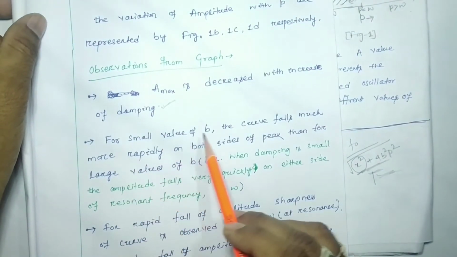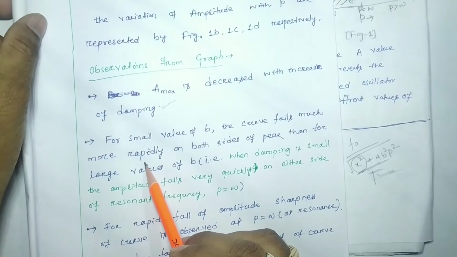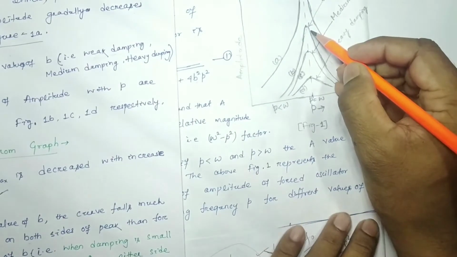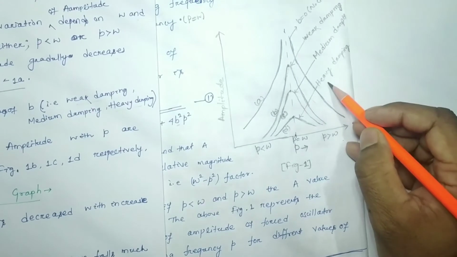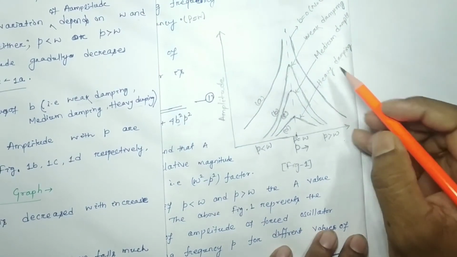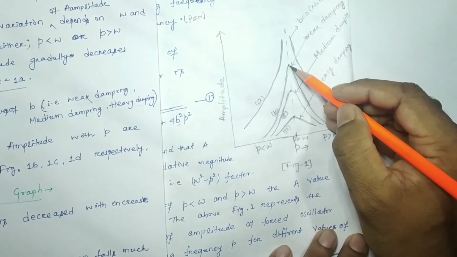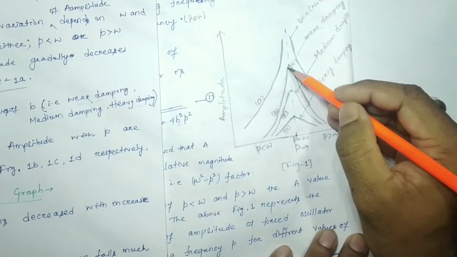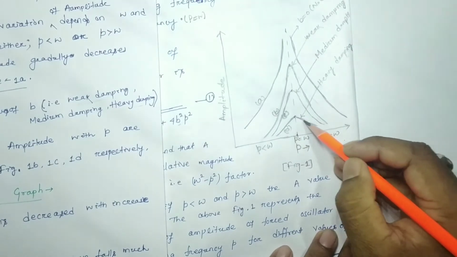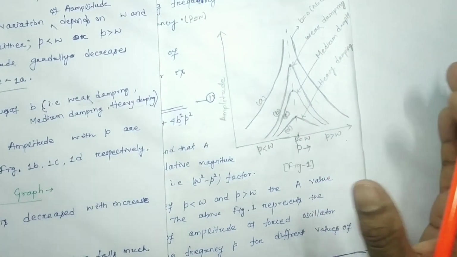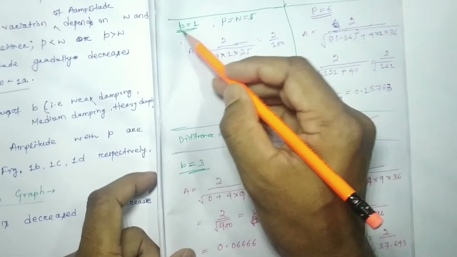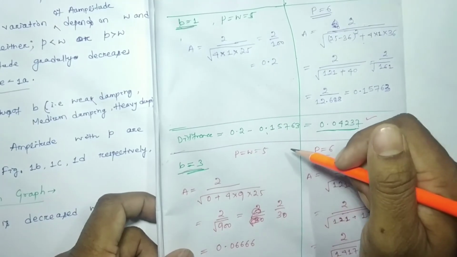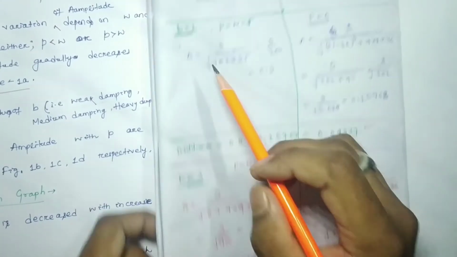For a small value of b, the curve falls much more rapidly on both sides. Here, weak damping means small b, and heavy damping means large b value. So for small b, we found the curve falls rapidly as compared with this one. With different values of b, the rate of fall of amplitude will be larger for the lesser b.